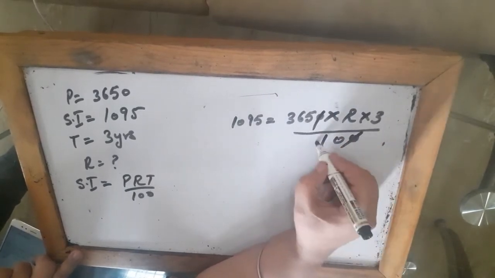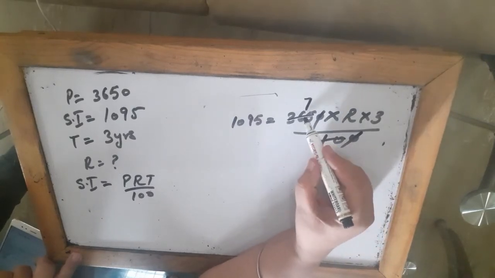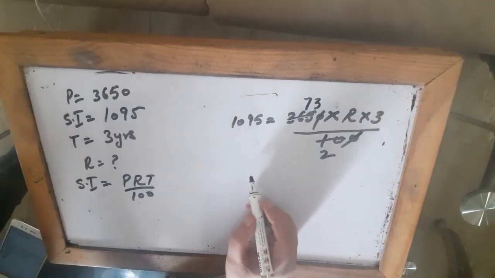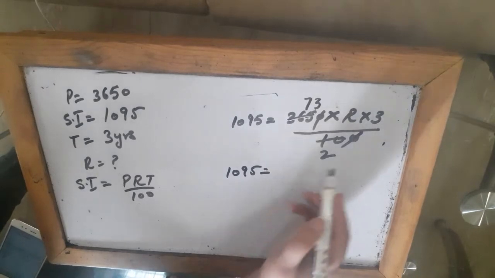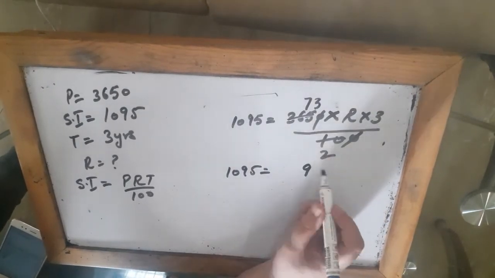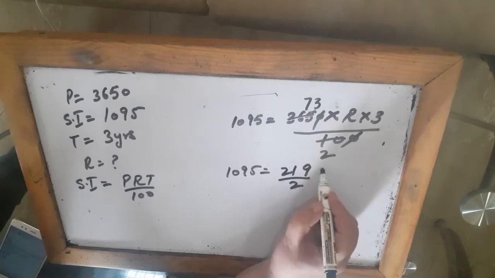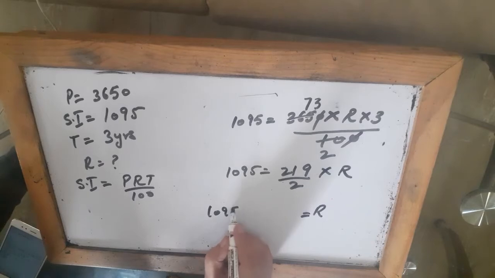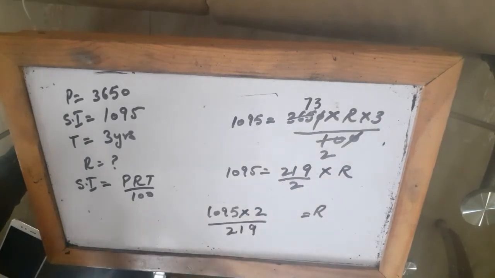The 0s get cancelled. 5 2s are 10, 5 7s are 35, 15, and this comes: 1095 is equal to 3 3s are 9, 7 3s are 21 upon 2 into r. So in order to find r, 1095 into 2 upon 219.